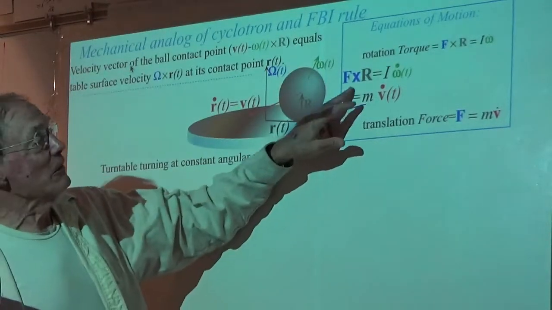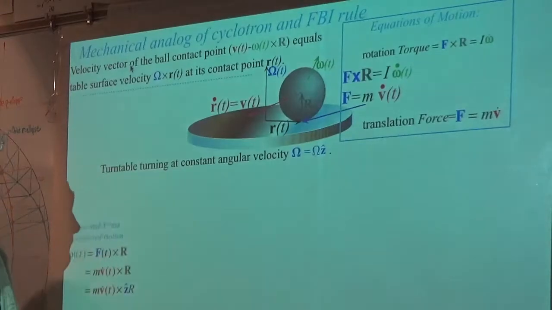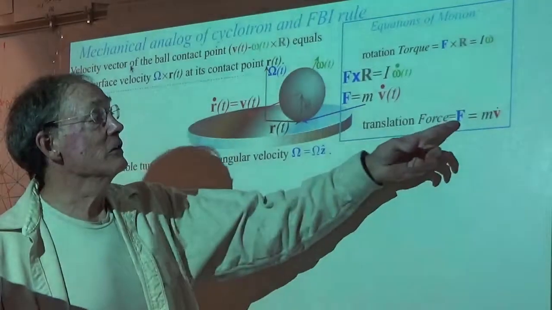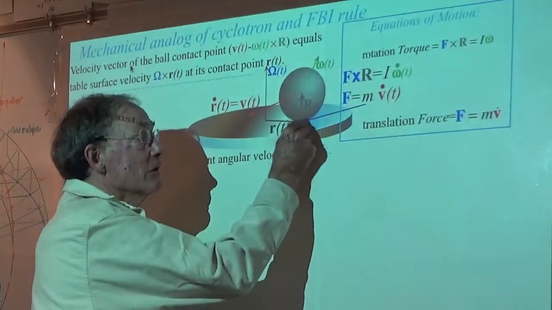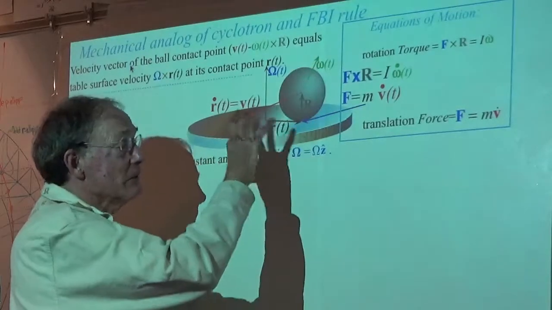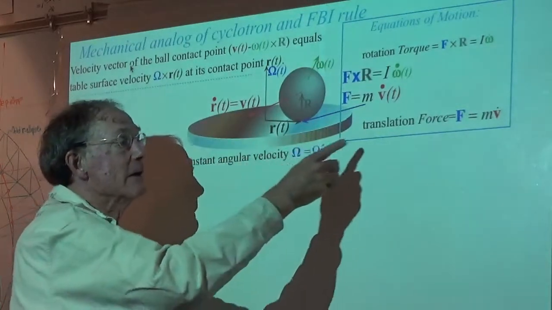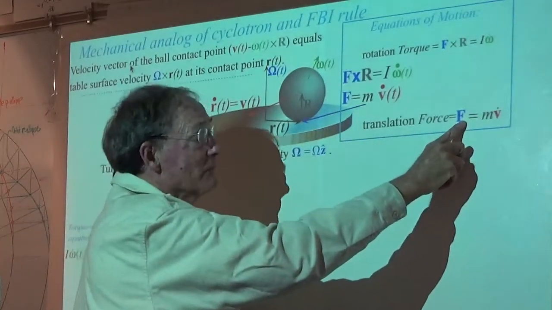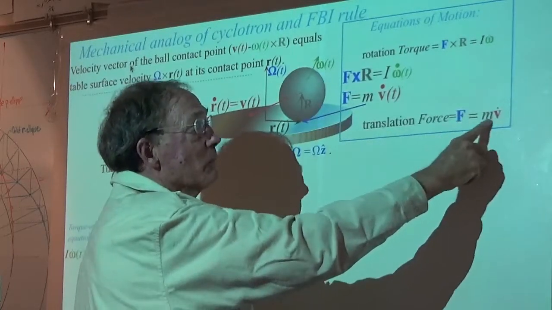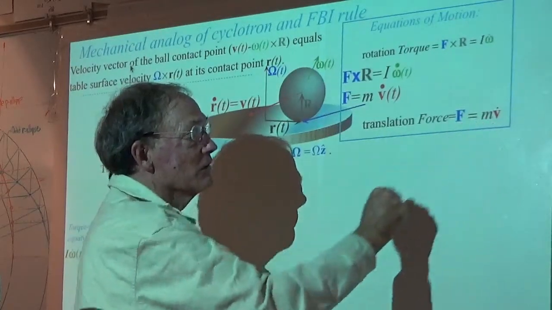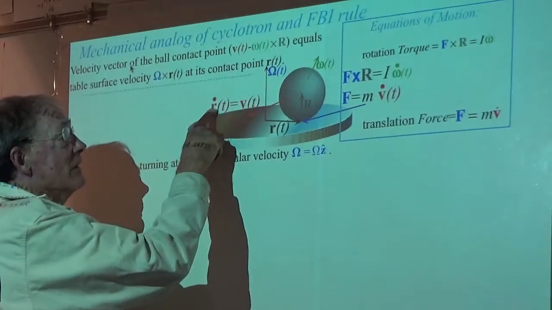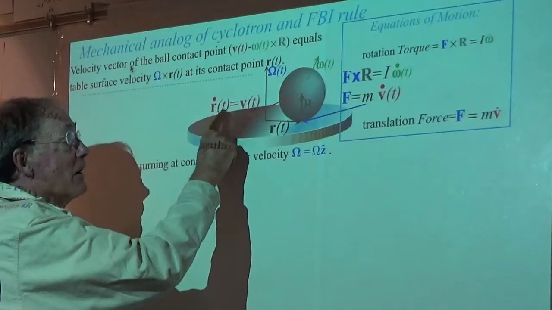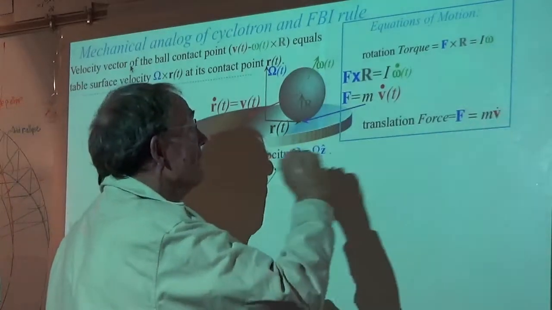But for now, we're just doing it in a very pedestrian way by writing the equations of motion. Translation is equal to whatever frictional force is holding this ball to the table and keeping it from slipping. That's the requirement for this to work. But it will be obeying F equals ma, with r dot being v, so r double dot, F equals ma, right there.